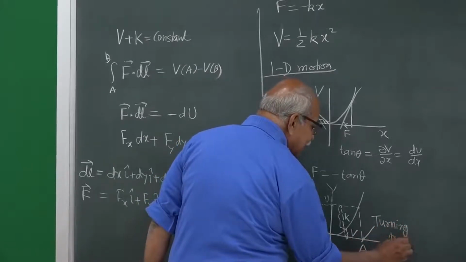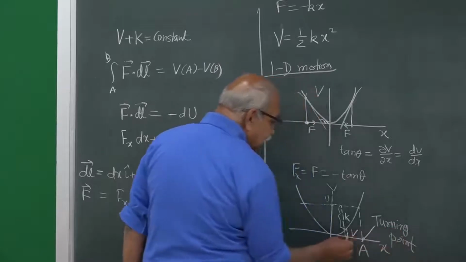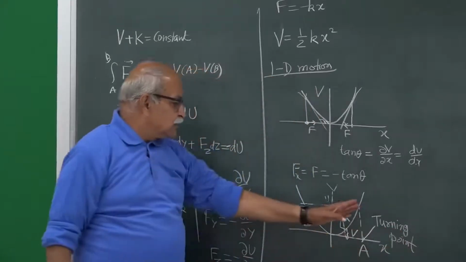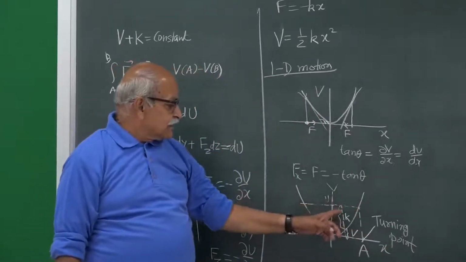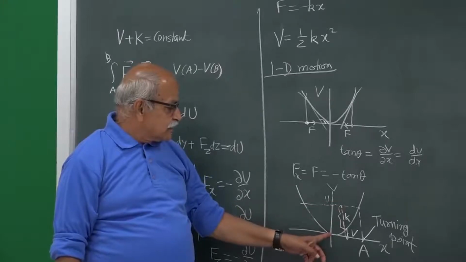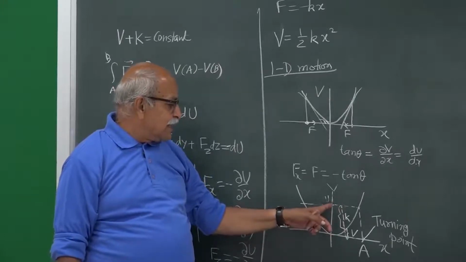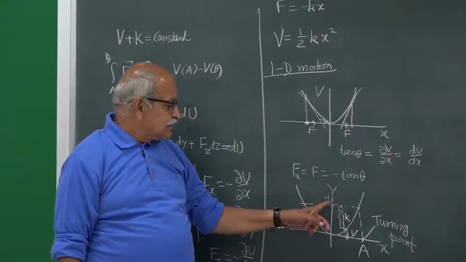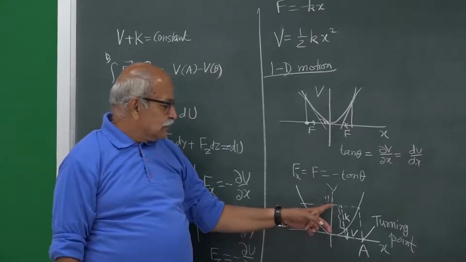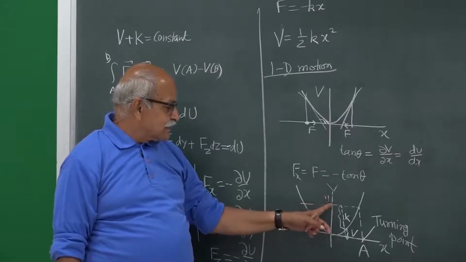From here the particle has to turn, and once it turns, it comes towards the origin, kinetic energy keeps on increasing. Here the kinetic energy is the same as the total mechanical energy, and so the potential energy is 0.